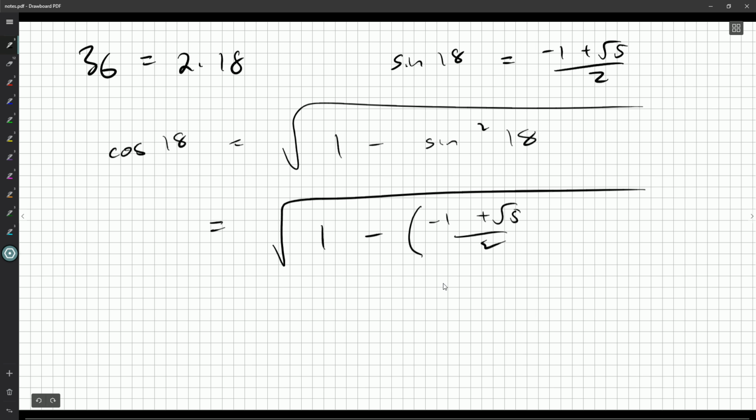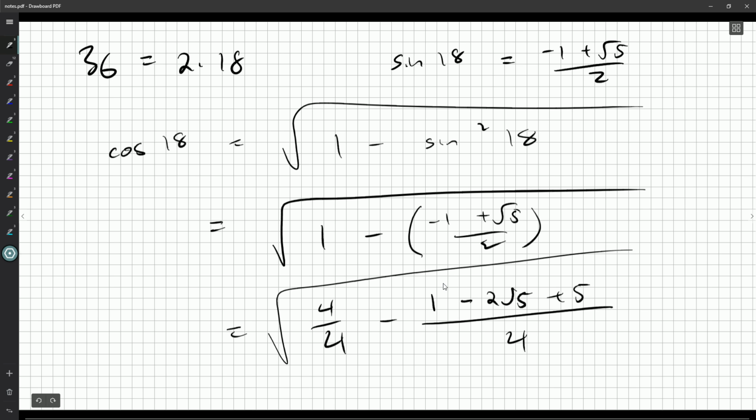Negative 1 plus root 5 over 2 squared, so that'll be... we'll have to have 4 over 4 minus 1 minus 2 root 5 plus 5 all over 4. So we get 1 plus 5 is 6, so 4 minus 6, it'll be negative 2 over 4 plus 2 root 5.